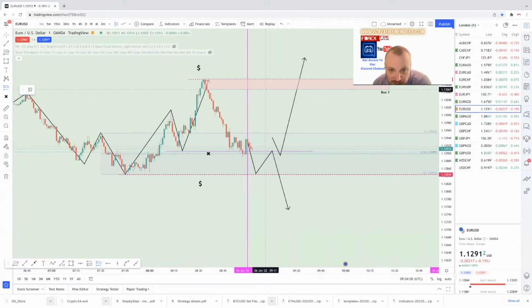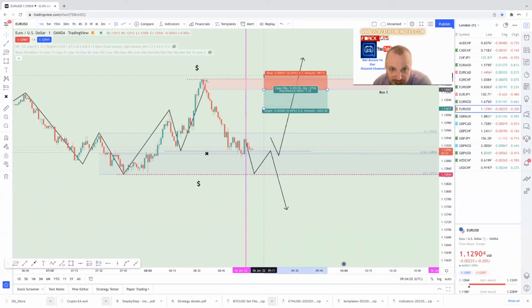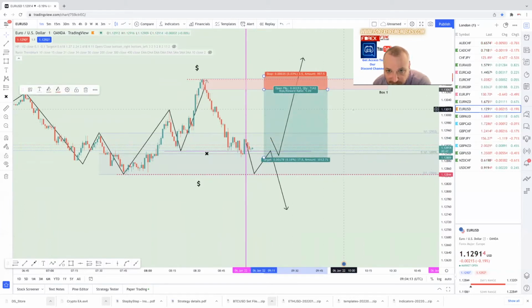There could be a potential for a trade on the higher side, and if this was to hold structure at the swing point here, we would come back down and target that area. So there's a 1 to 5 potential at the moment.